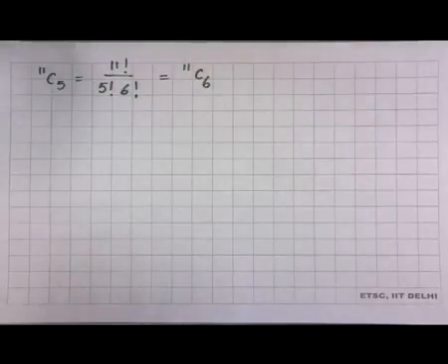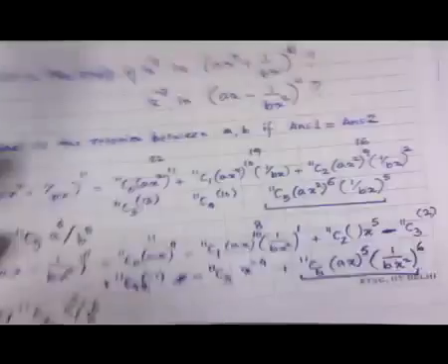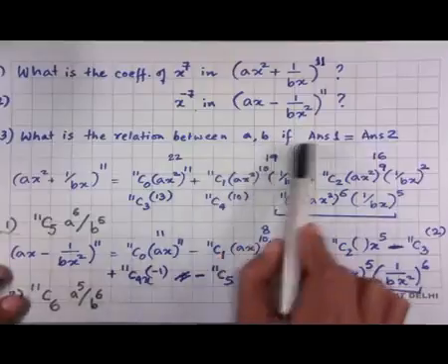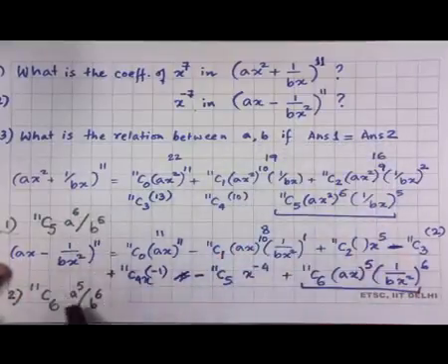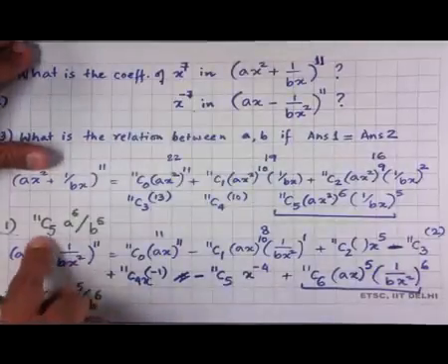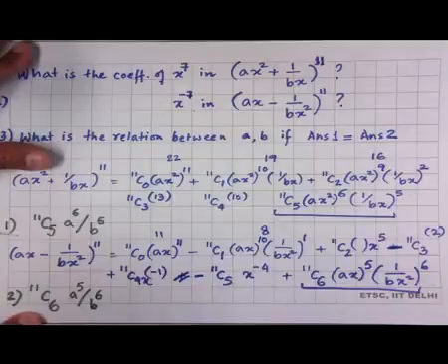Okay, so, they are equal. So, then look at my third question. What is the relation between A and B if the first answer is the same as the second answer? If the two coefficients are equal, what is the relation? 11c5, obviously that is already equal to 11c6. So, I do not have to do anything.